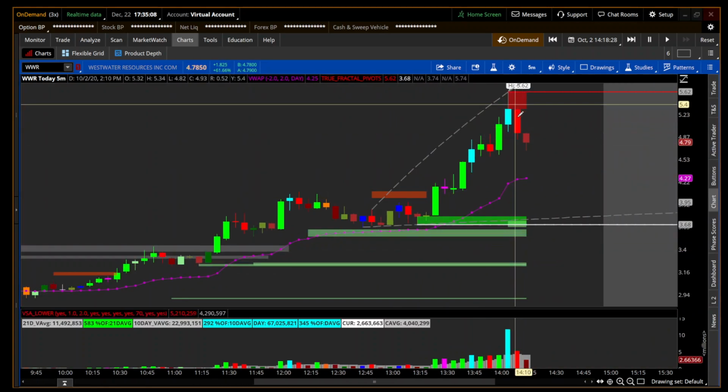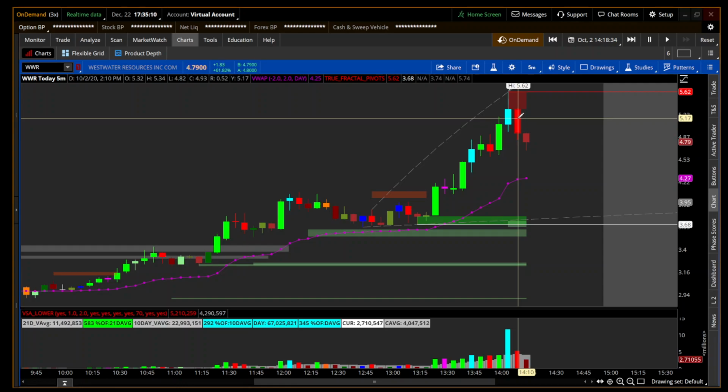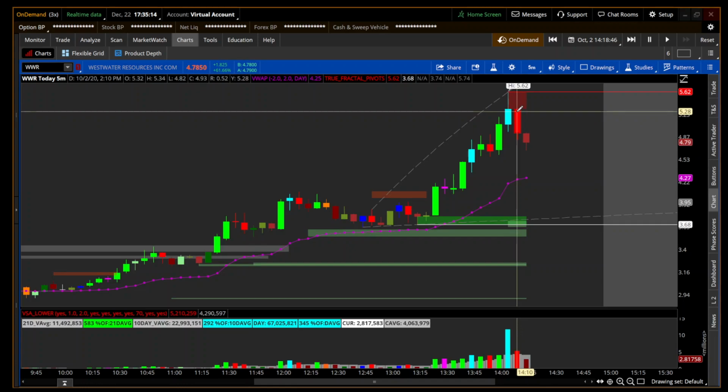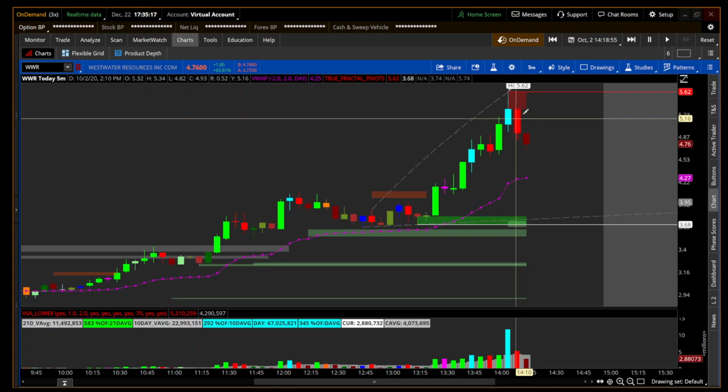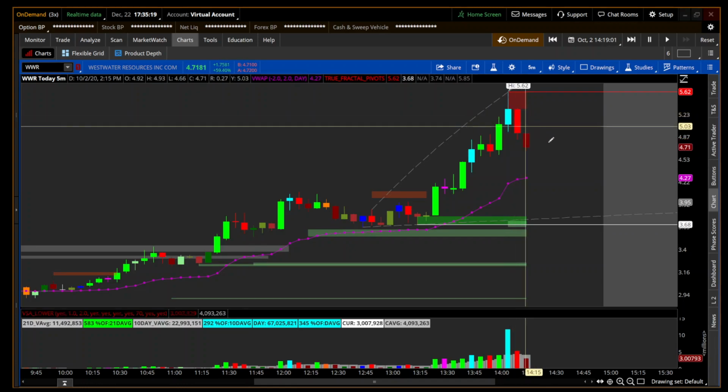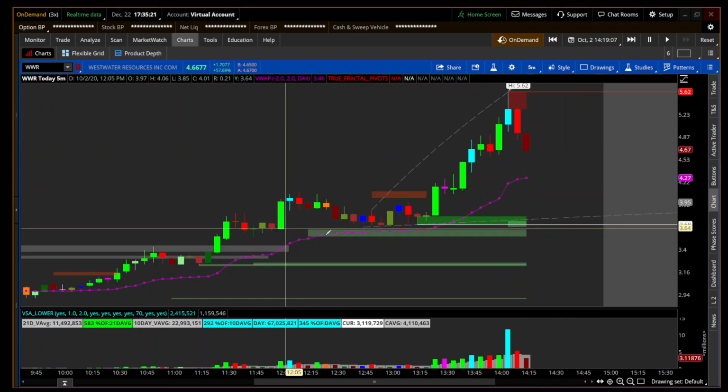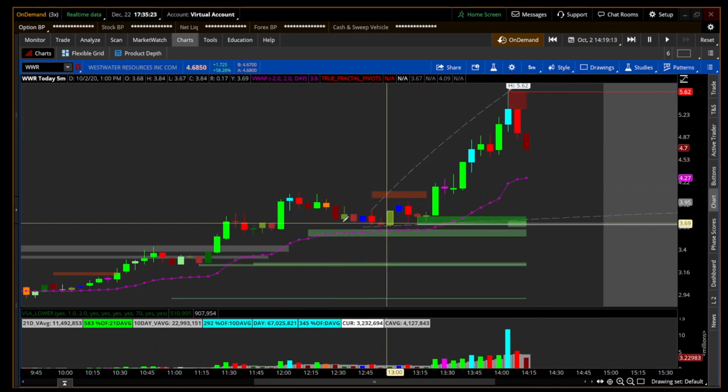And that's what you got right here. It created this supply zone, and it ensured it with the ultra high volume. And it shows you it's ultra high volume.